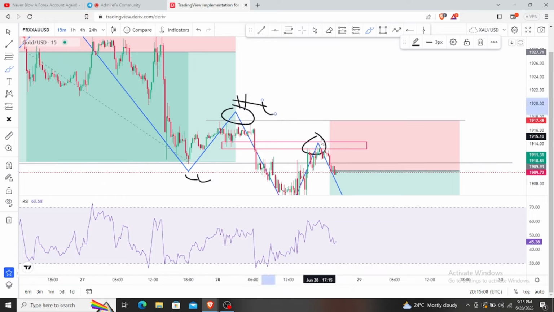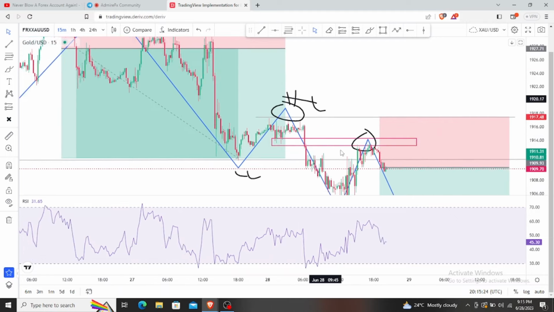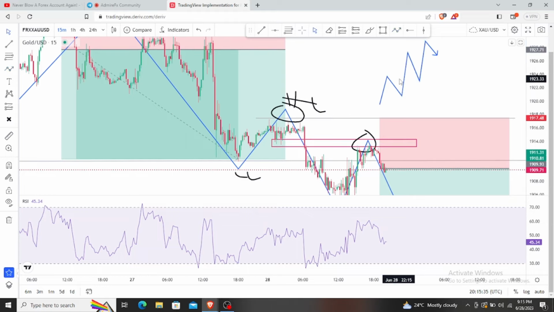This is a lower low, a higher low, a lower low. Price also created a new lower low here, higher low. So we are expecting price to create a new lower low, because price is on a downtrend. If it's to be the reverse, price is creating higher high, lower high, higher high, lower high, in the case of an uptrend.